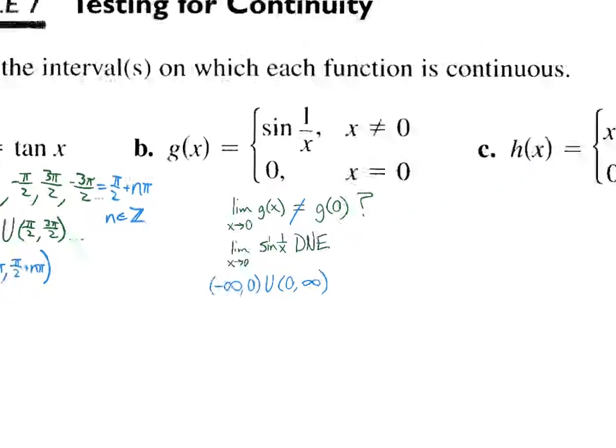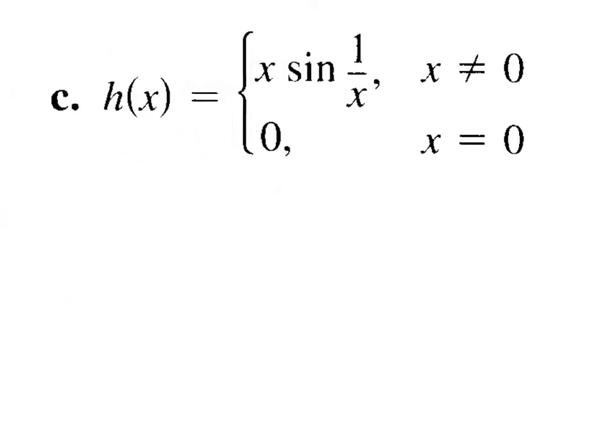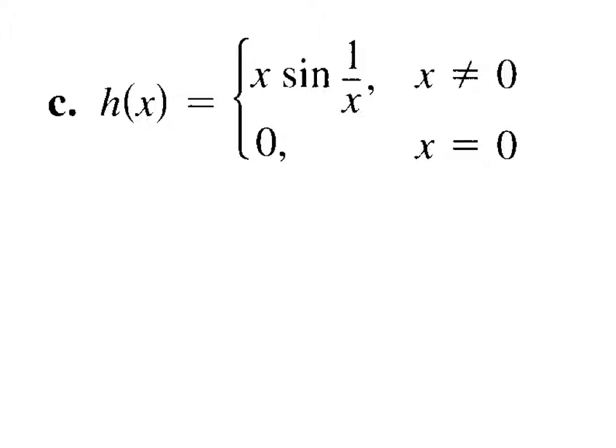Okay. Last one here. Kind of similar to the previous one. Yeah, what's the limit? We already kind of know what we need to test. What's the limit as x approaches 0 of x times sine of 1 over x?